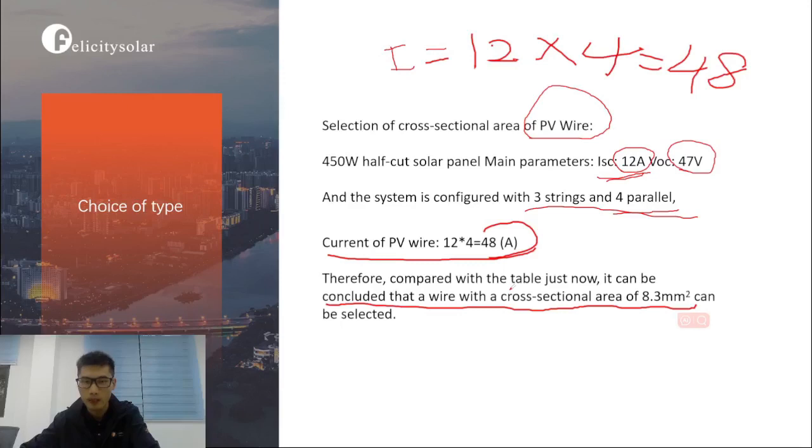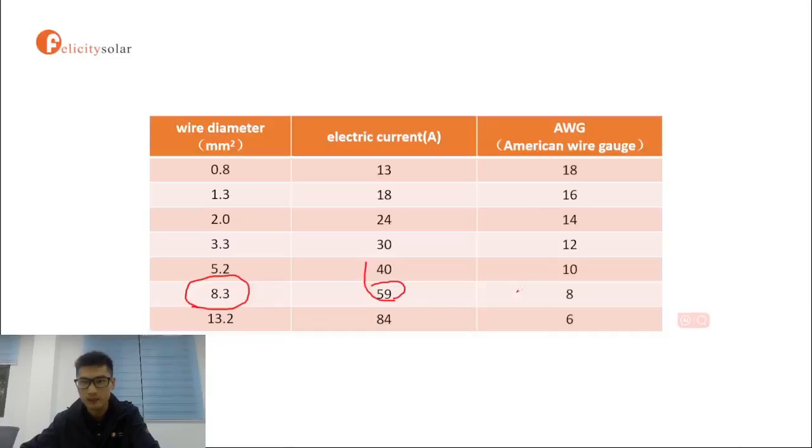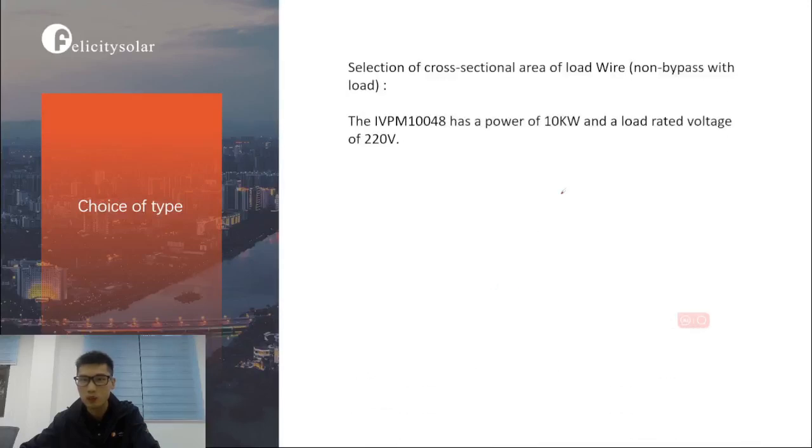And then we're going to do more calculation for you to better understand that. Here we're going to do the calculation of the load wire. So still the same, I need you to calculate how big the current of the load wire is. And then by the table, we will find out the size.